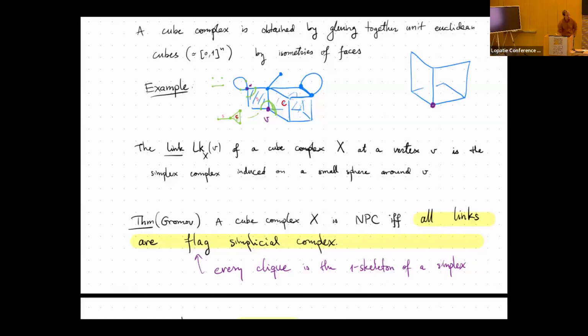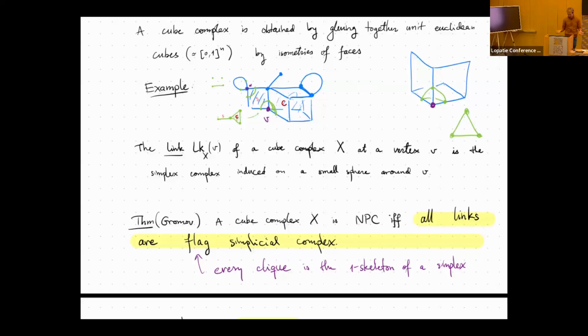That's a perfectly fine cube complex, but it's not going to be non-positively curved, as we saw. Now let's see it using this condition of Gromov. If I look at the link, which I think was green, the link is a triangle, but without the triangle inside. So it's not flag. I see a clique, but I don't see a simplex filling this clique.